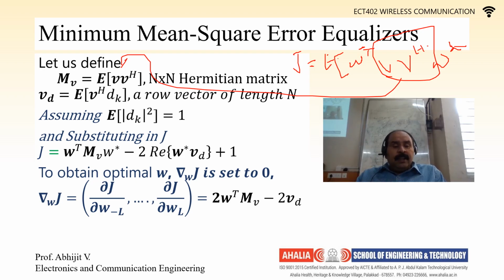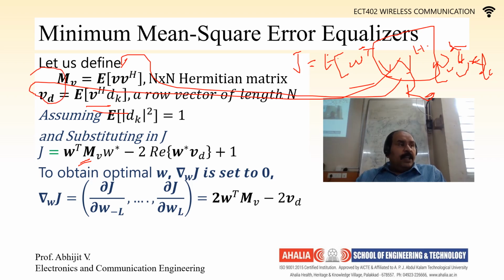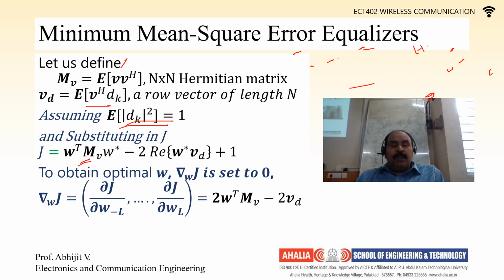So we get this MV here. The next part is minus the real part of V^H W star dk, right? In that V^H and dk, we are substituting another value called VD, and we are assuming that dk is equal to 1. Then we substitute these values in the equation that we have seen previously.